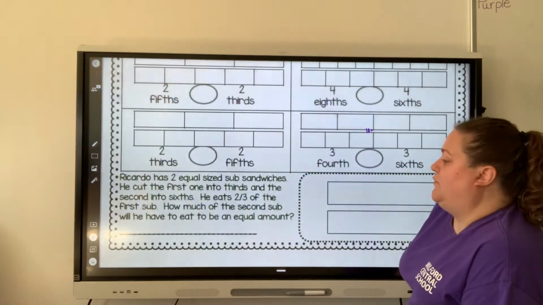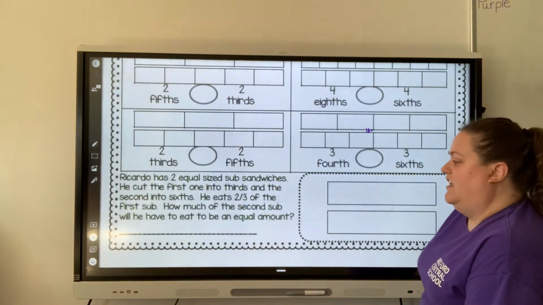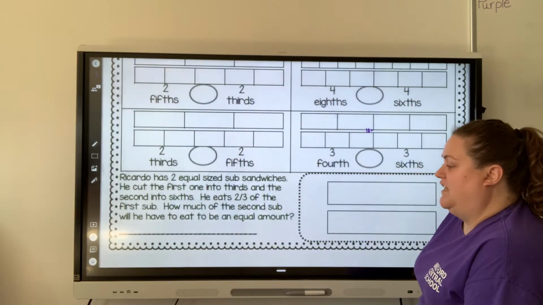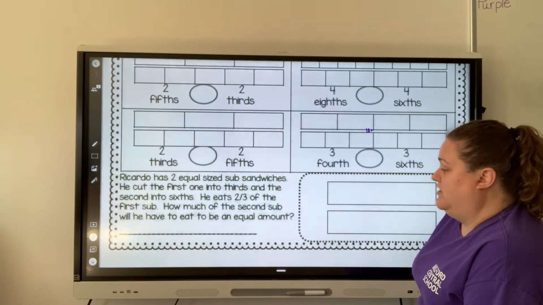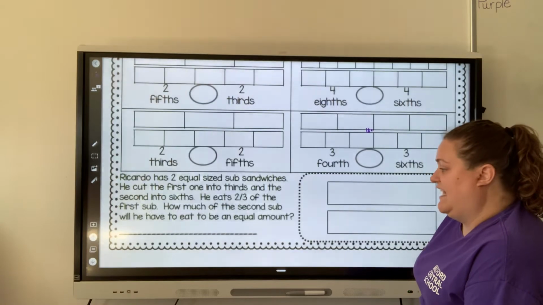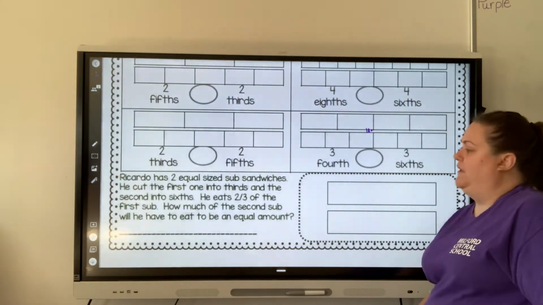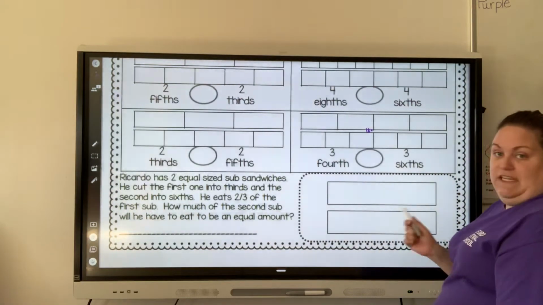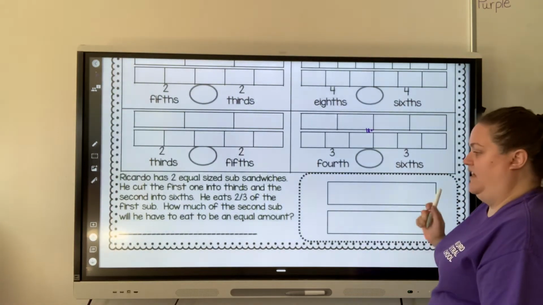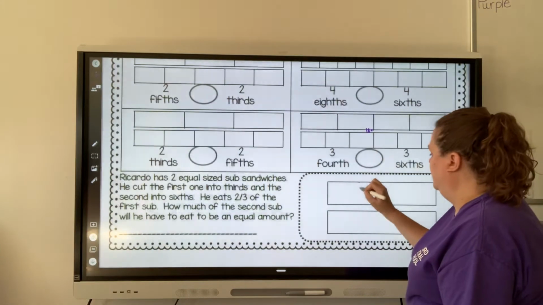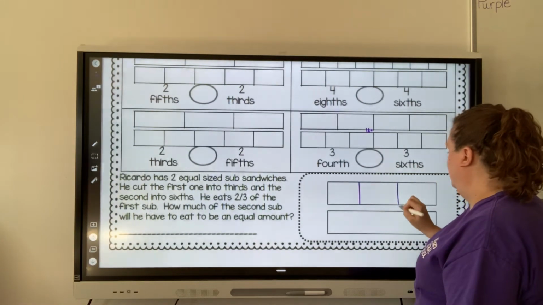Ricardo has 2 equal-sized sub sandwiches. He cut the first one into thirds and the second one into sixths. He eats 2/3 of the first sub. How much of the second sub will he have to eat to have an equal amount? So, Ricardo has 2 equal-sized sub sandwiches, so we have 2 tape diagrams. He cuts the first one into thirds, 1/3.